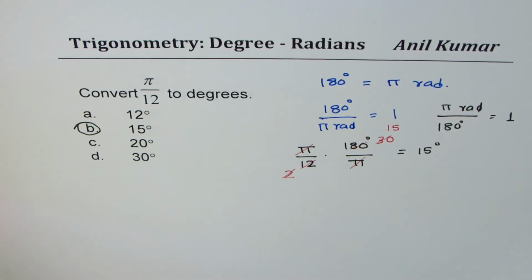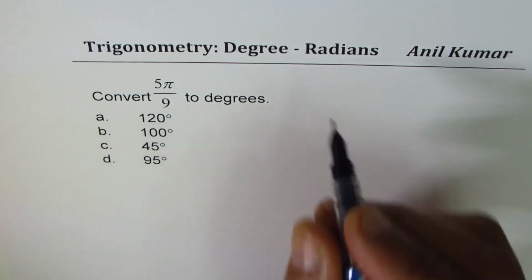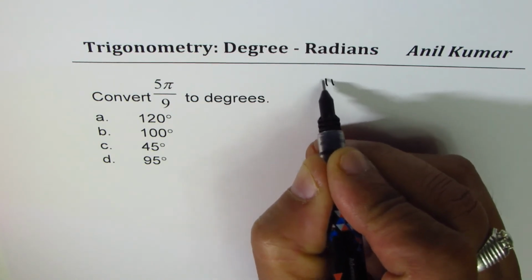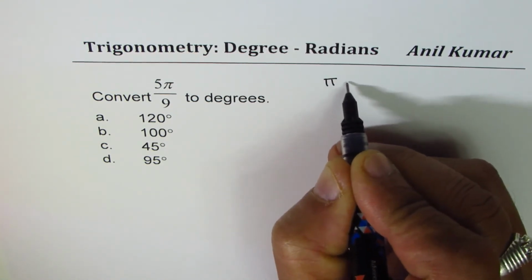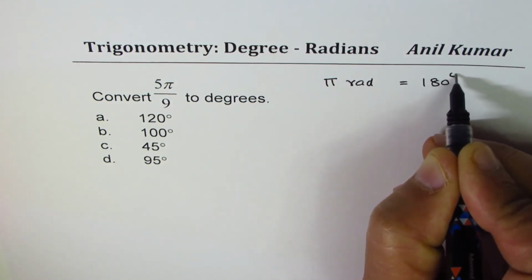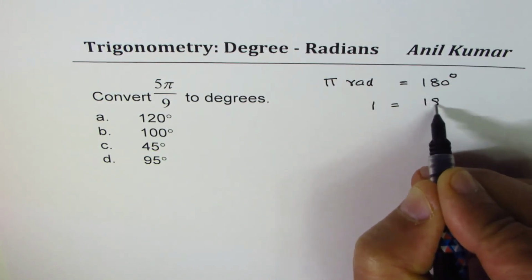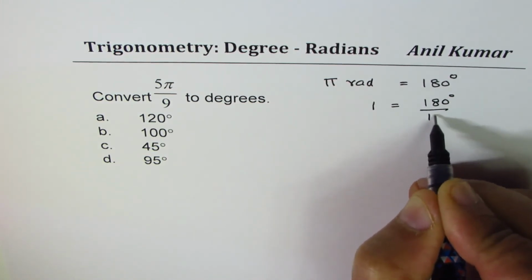Now here is the last question of converting from degrees to radians or radians to degrees. Again, it is only for you to remember. I'm writing it in different forms. Pi radians is equal to 180 degrees, and therefore if I divide by pi both sides, I get 180 degrees by pi.